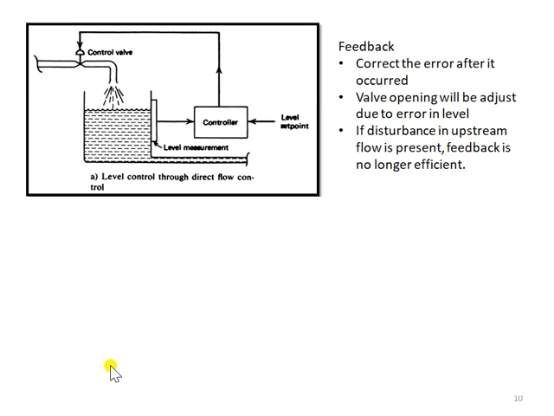Let us consider an example. So this is a water level control system. We have the input flow here, which will be controlled by a control valve, and we have the level measurement here to measure the height or the level of the tank, and we have the output of the tank, which is not regulated at all.